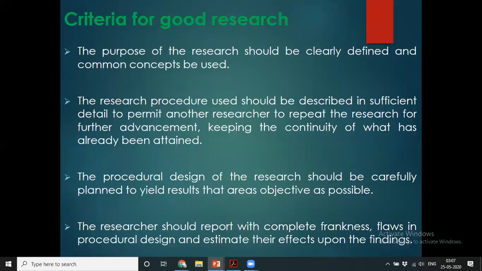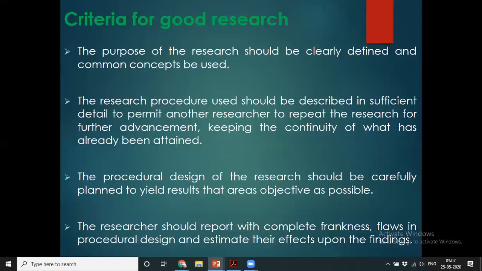So in your design you have to fix one procedure which will be described in sufficient detail to permit another researcher to repeat the same research work. The details of the experimentation and the details of the methodology must be clear.